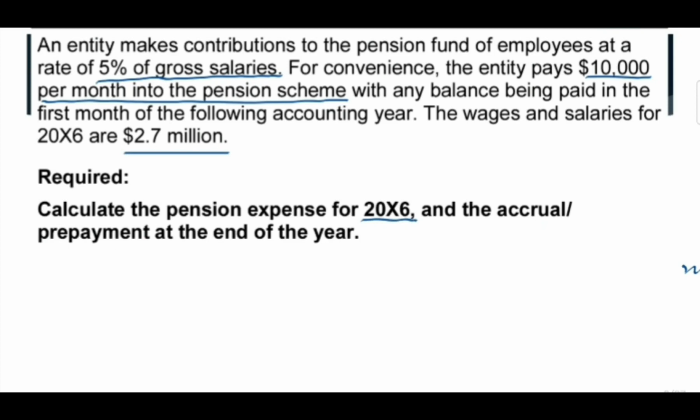So first, what should be recorded in the statement of profit and loss as expense? This is the annual contribution. An annual contribution is 5% of salary, means 5% of 2.7 million.